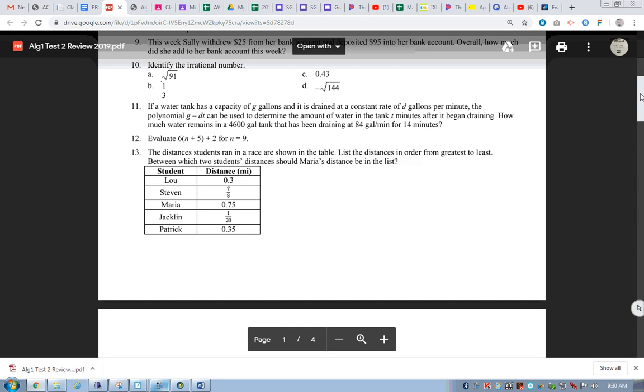Okay, so all I have to do is what with these numbers? 4,600 gallons, 84, 14. What do I do with those? Plug them into the equation, right? Where does 4,600 gallons go? Is that G, D, or T? So 4,600. All right. They tell you that D is the constant rate. Well, what is my constant rate? 84.